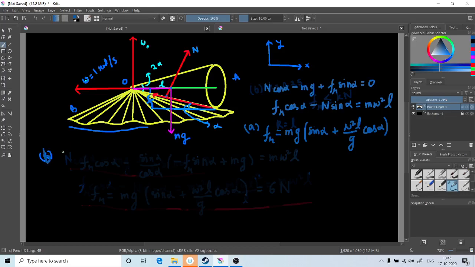For rolling without sliding, the condition is static friction less than or equal to K times the normal force.